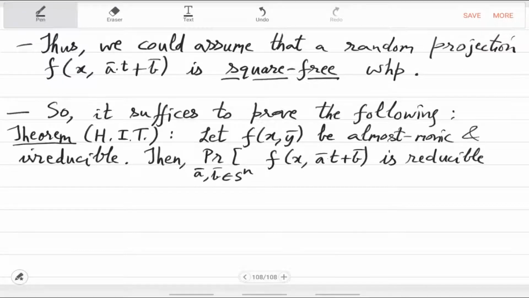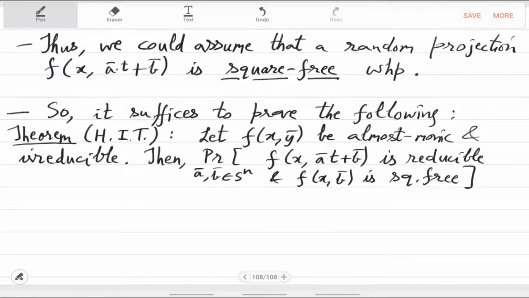okay, chance that it is reducible and square free. Okay. So since you started with an irreducible polynomial, you would expect that this probability will be low.